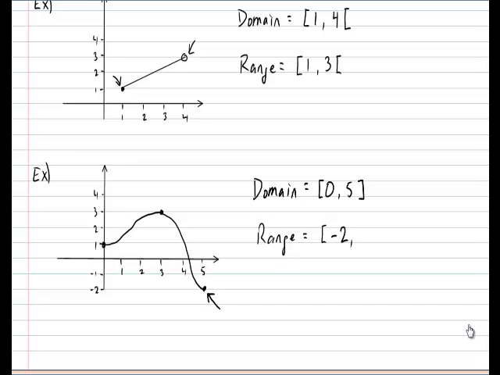Well, it keeps going, keeps going, keeps going, and the highest point that it reaches is right here. And that point corresponds to a y value of 3. So the range of this graph means that the graph starts at -2, includes everything in between because the curve has no gaps in it, and it stops at the highest point, which is y equals 3. So there we go. That is what is meant by the domain and the range of a function.